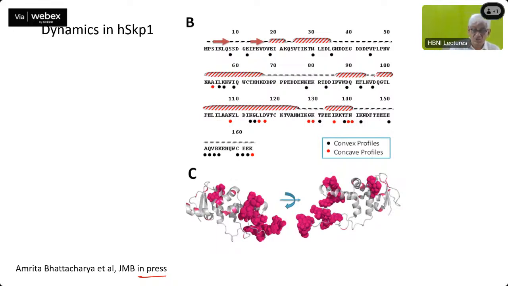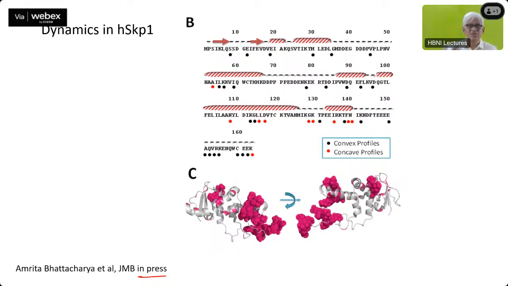Now these dots here indicate the curved temperature dependence in various places. By and large, you see these mostly in the loop areas and sometimes in the helical areas also. The unstable helices, if they are there, you will see them also. The black dots indicate convex profiles and the red dots indicate concave profiles.